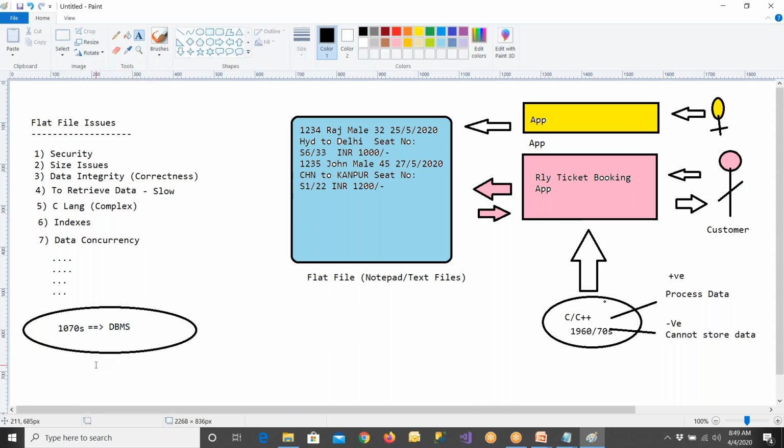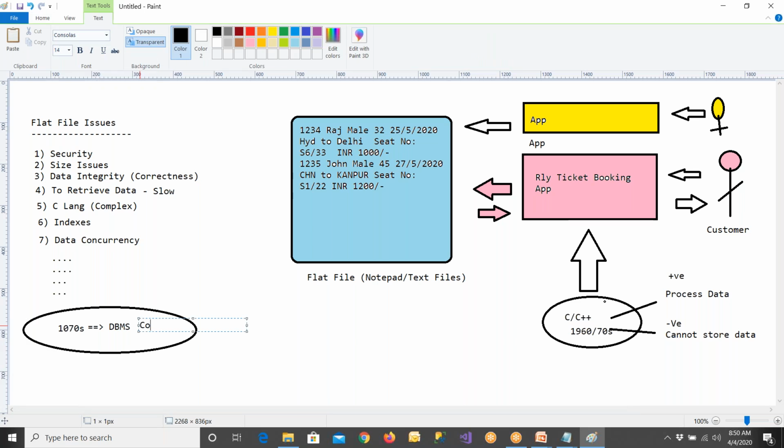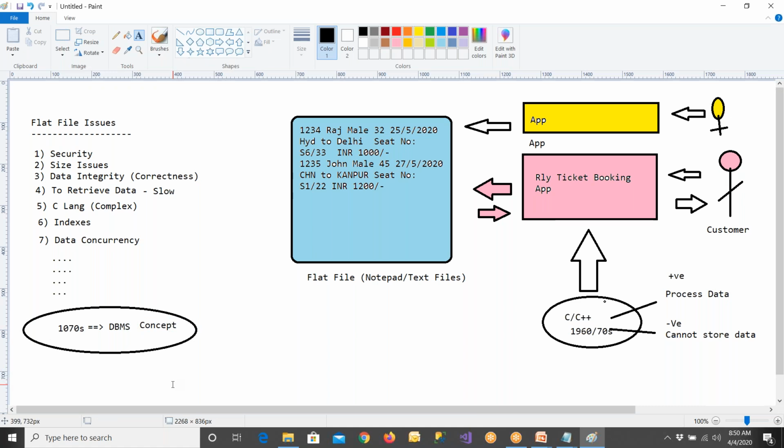This is completely a DBMS concept, not a software. If I have a large amount of data to be stored, I need a proper software. If I want to manage the data, database management system, base means banking. So for a large amount of data I want to store, I wanted a beautiful system to be invented.